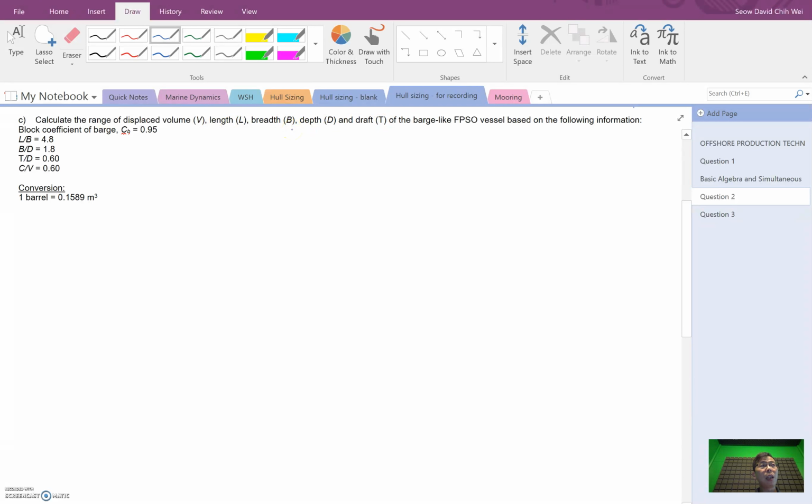Alright, so let's look at the cargo volume over the underwater volume. So we are given C over V as 0.6.